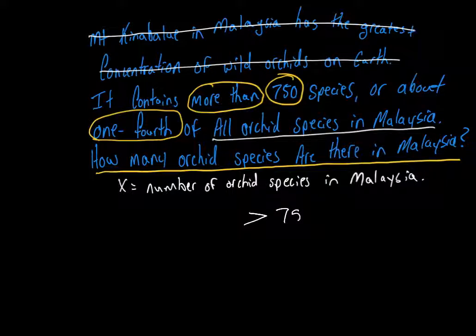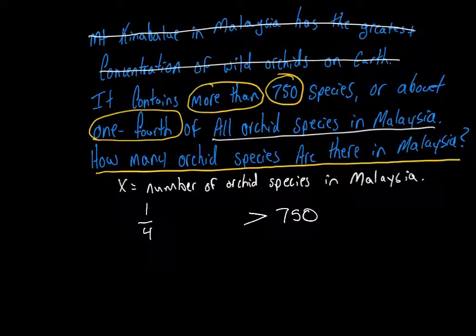So I'm going to put 750 on this side because whatever is on this side has to be more than 750. Now I have to figure out what to put on the left side of that inequality sign. It contains more than 750 species, or about 1/4 the number of all orchid species in Malaysia.